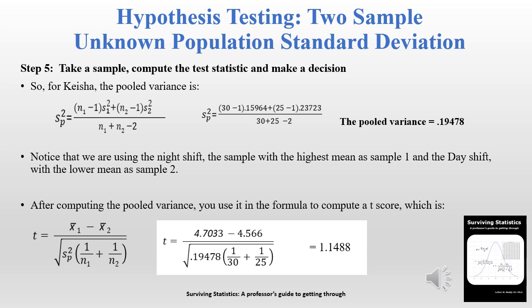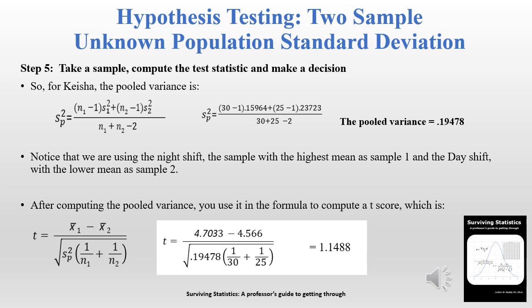So we take 30 minus 1 times the variance for sample 1 plus the 25 minus 1 times the variance of sample 2, and we divide that by the sample sizes of each and subtract 2, the degrees of freedom. We end up then with a pooled variance of 0.19478.